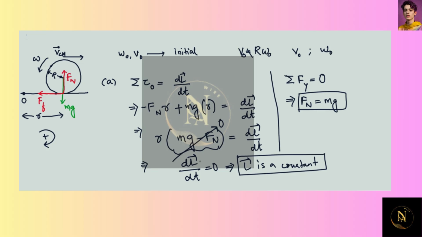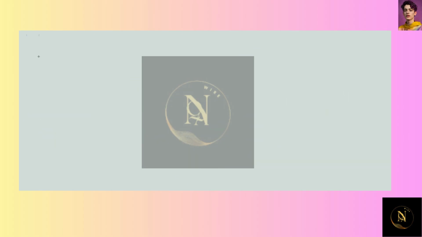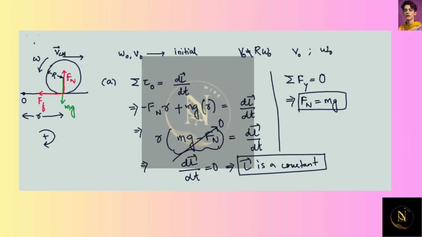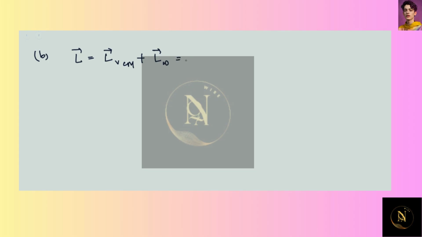Now, we are done with the first part. For the second part, we follow the hint given in the problem and express the total angular momentum as a sum of two terms: the angular momentum with respect to the center of mass plus the rotational angular momentum about the center of mass.